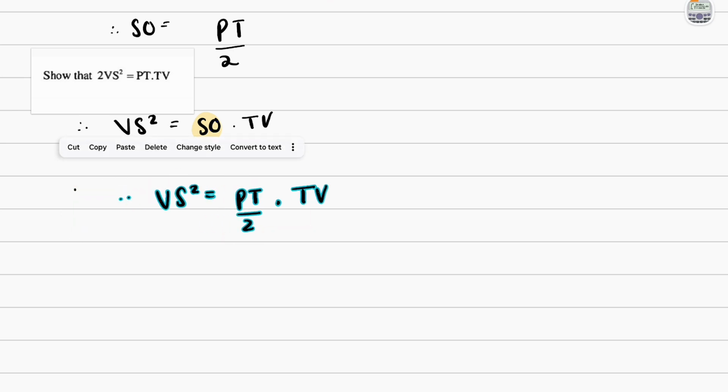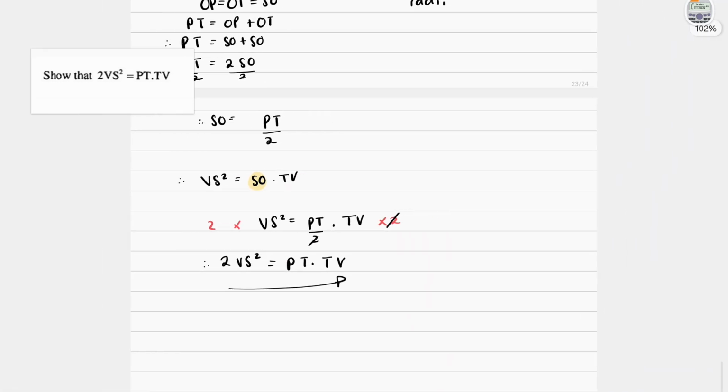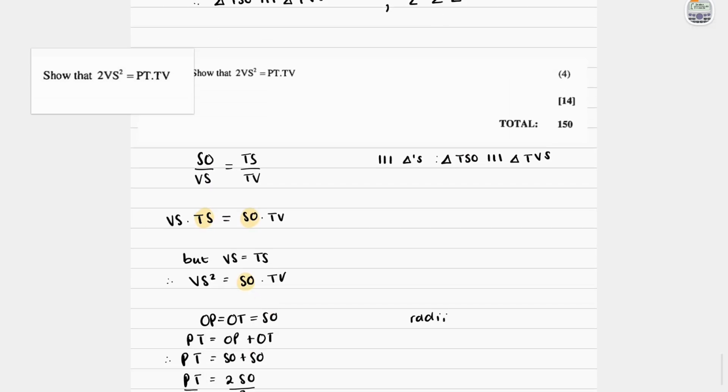We can also see this as multiplying both sides of the equation by 2, so we're just saying times 2 and times 2. And so this is simply equal to 2VS squared, which is equal to, and here the 2's cancel, PT multiplied by TV. And that is our answer. Okay, and that is it for question 10.